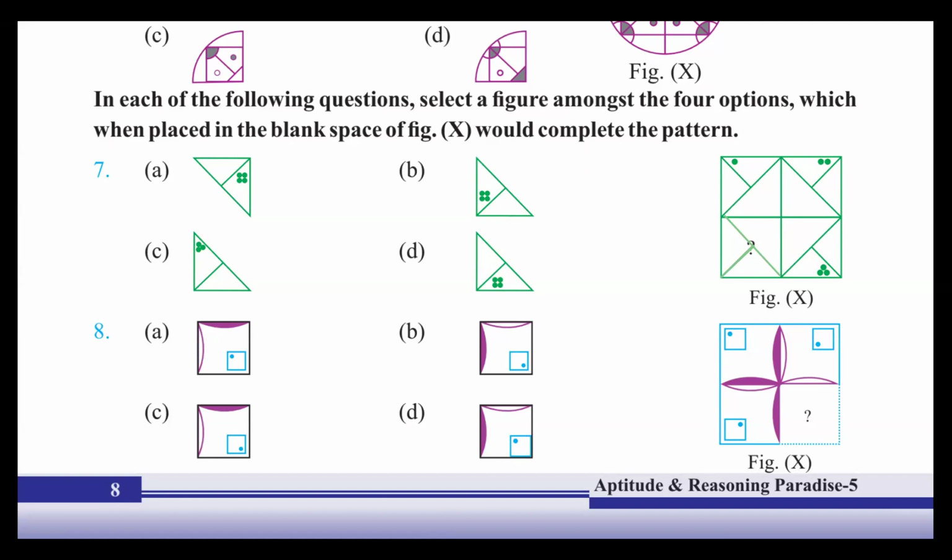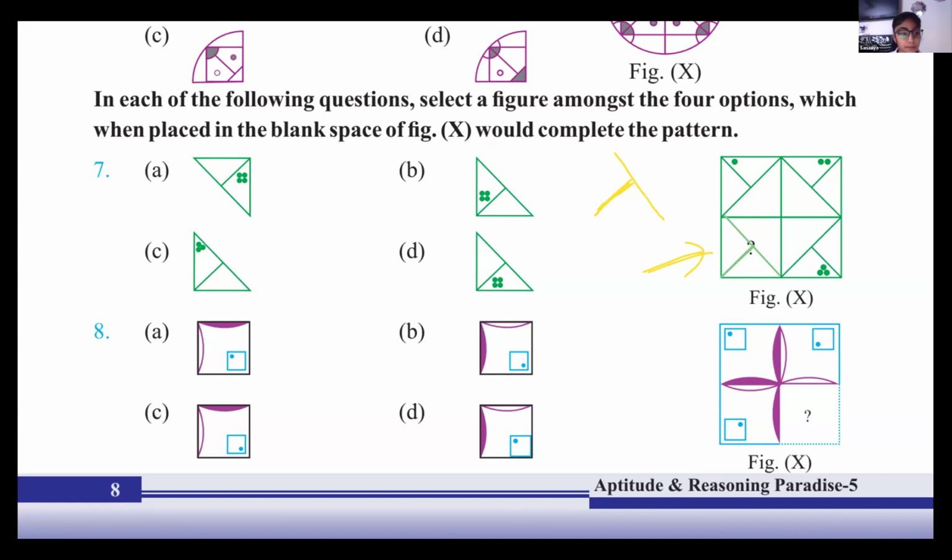Sanaya, you are almost close, but it should not be the correct answer. Just check again. Now see. Yes, that's correct. Sanaya, that's correct. So we are clear that the line should be one like this and one like this.